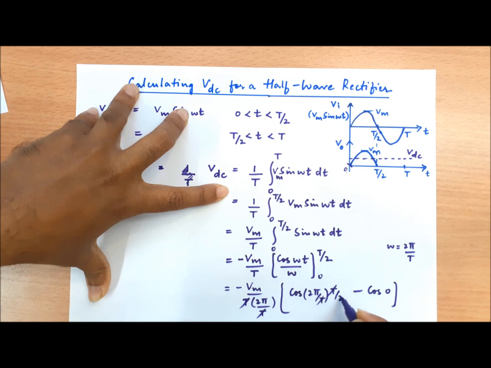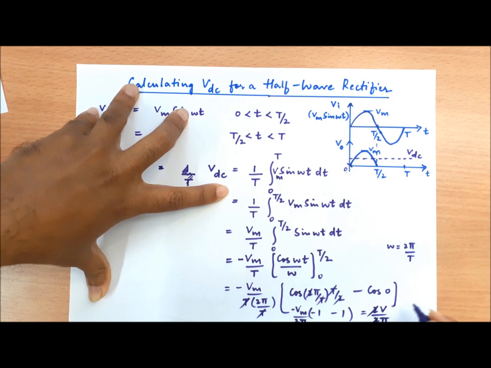So T gets cancelled, and we have cos of pi, which is minus 1, and cos of 0 is 1. So this will be minus of 1, and outside it is minus Vm upon 2 pi. If I simplify it, minus into minus will be plus, so it is 2 Vm upon 2 pi.